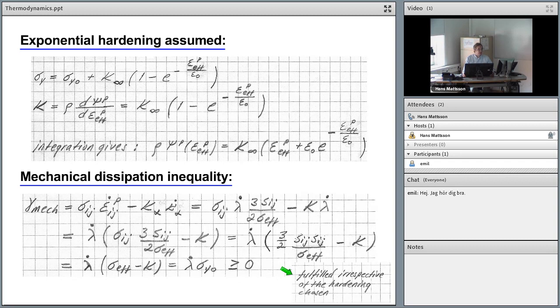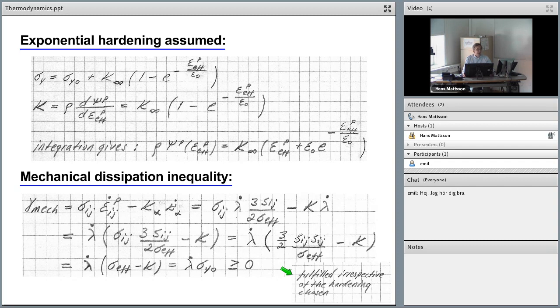This lecture and also the chapters in the book are a little bit demanding, but I think that this is anyway extremely important to teach this part of plasticity. And the most important thing you learn today, hopefully, is that you can derive plasticity models from thermodynamics. It is possible.